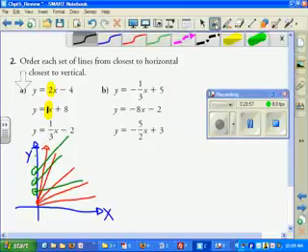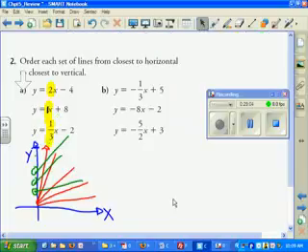Alright. 1 over 3. Oh, okay. 1 over 3. There you go. So that's what we need for slope.